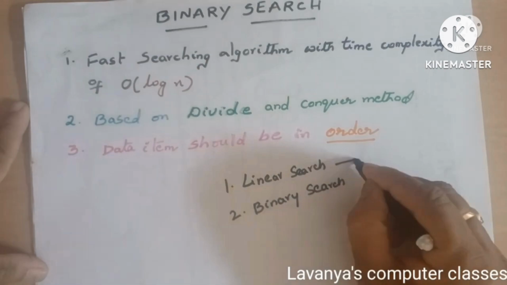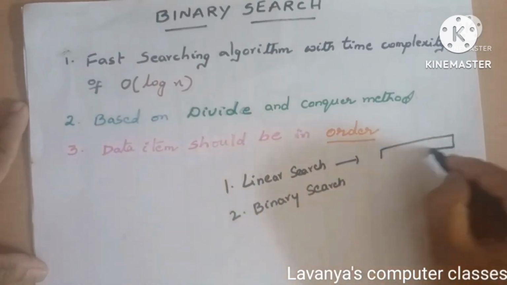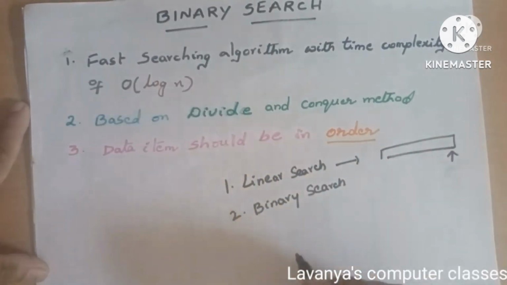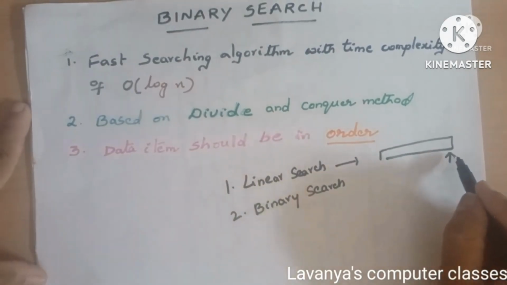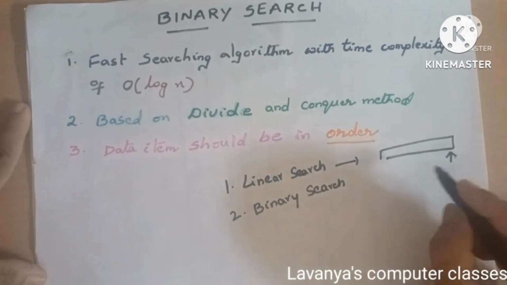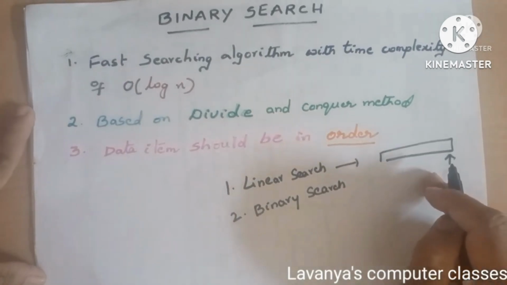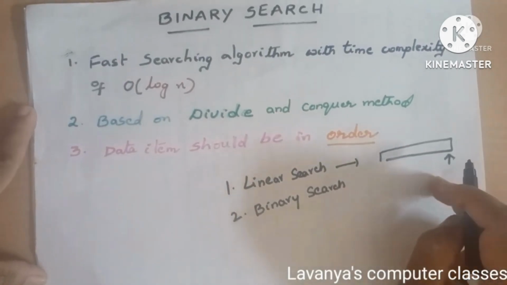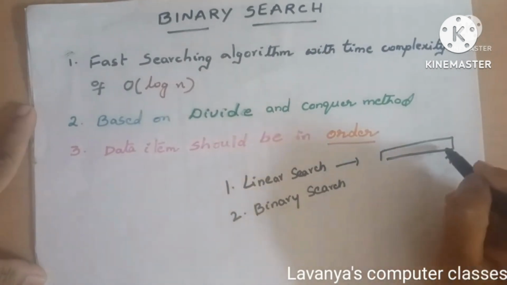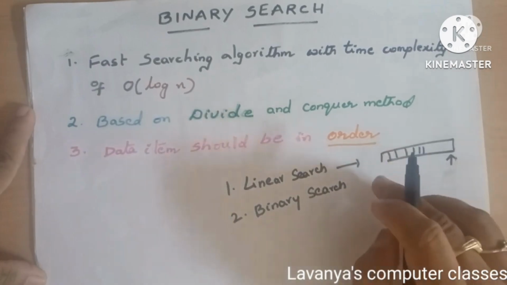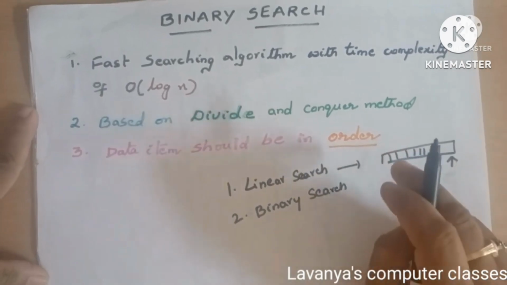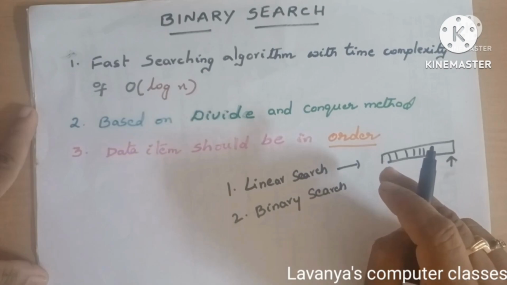But in this, if the element you want to search is in the last position, then the number of iterations and steps is more. To find one element, you have to check all the elements. If the size is large, it takes many iterations. That is one disadvantage of linear search.